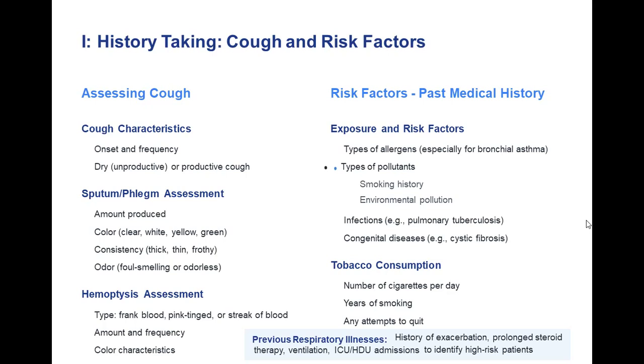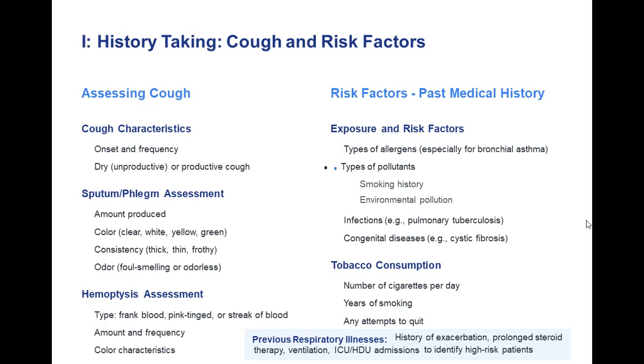Beyond dyspnea, a thorough cough assessment provides critical clues about lower respiratory disorders. First, assess the basic cough characteristics, note the onset and frequency, and determine if the cough is dry or unproductive or productive. If the cough is productive, proceed to a meticulous sputum or phlegm assessment.